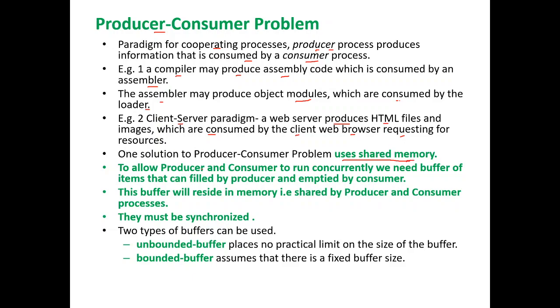To allow the producer and the consumer to run concurrently, we need a buffer of items. This buffer will be filled by the producer and emptied by the consumer, because whatever data we produce, we will put somewhere. That is what we call a buffer, and that particular data will be consumed, or emptied, by the consumer. So for this purpose we require the buffer, or we call it memory.